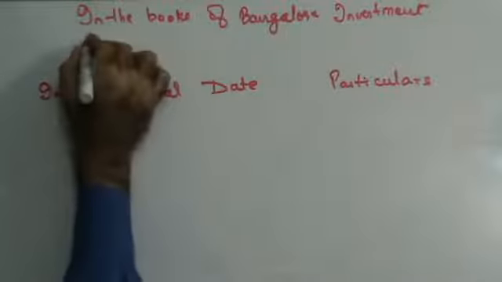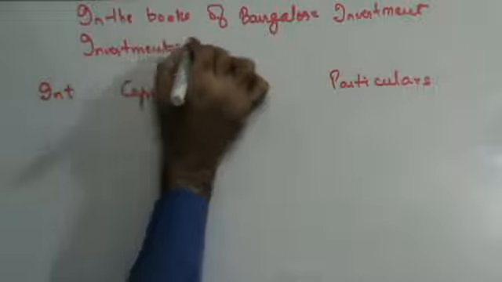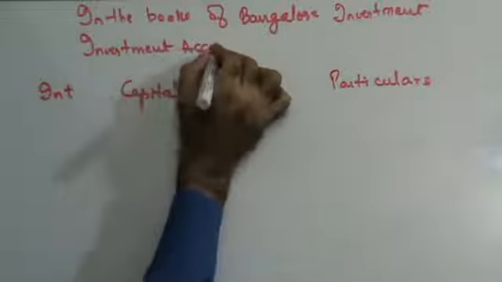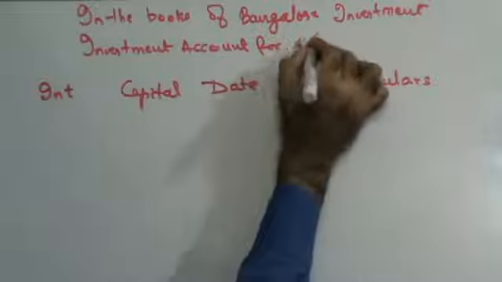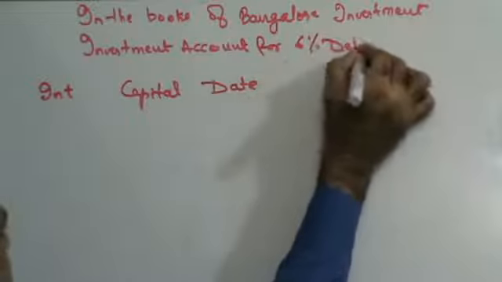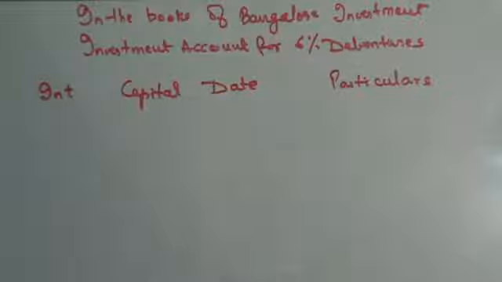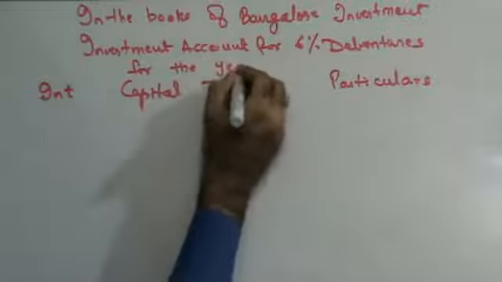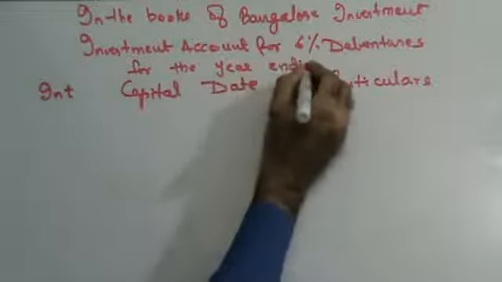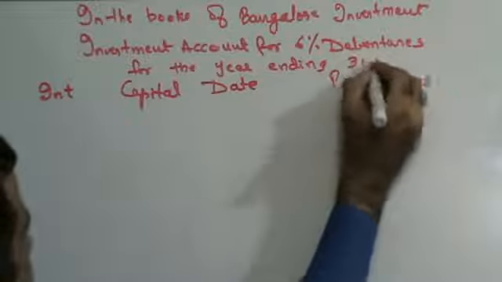So investment account for 6% debentures, for the year ending 31st March.